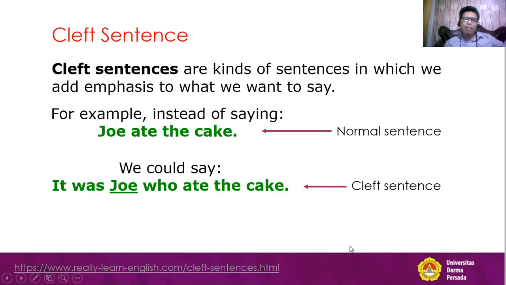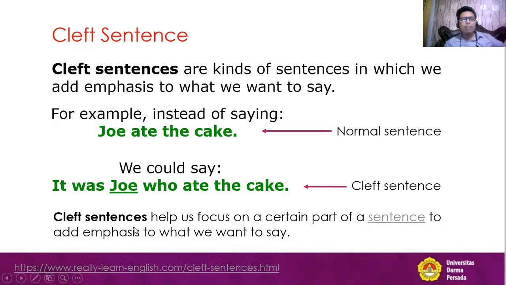But the different thing is that cleft sentences help us focus on a certain part of a sentence to add emphasis to what we want to say. So we have something that we need everybody to focus on. So we use a cleft sentence.